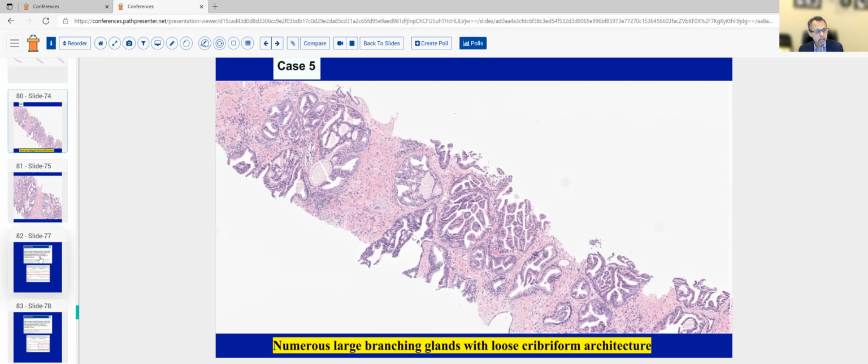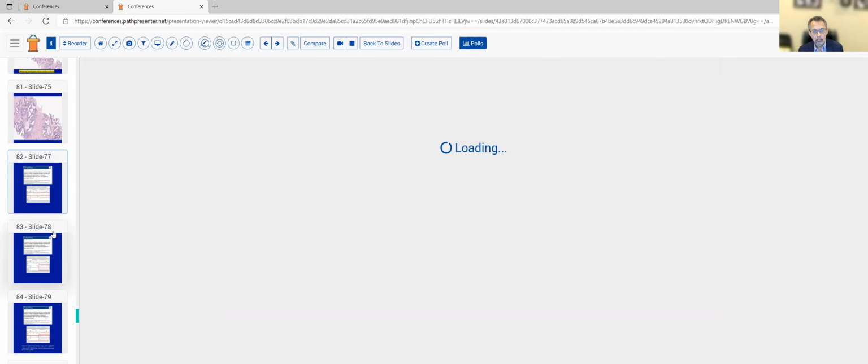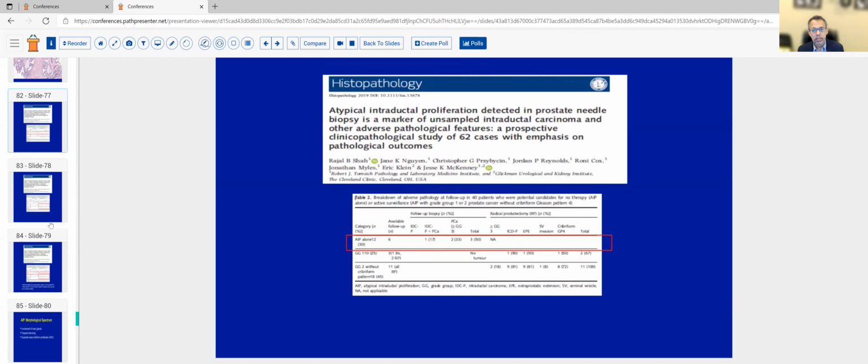So we studied these lesions in detail. We studied 62 such cases which had an outcome either as a prostate biopsy or radical prostatectomy. We specifically looked at 2 groups: AIP alone, and patients with grade group 1 and grade group 2 without any cribriform pattern.